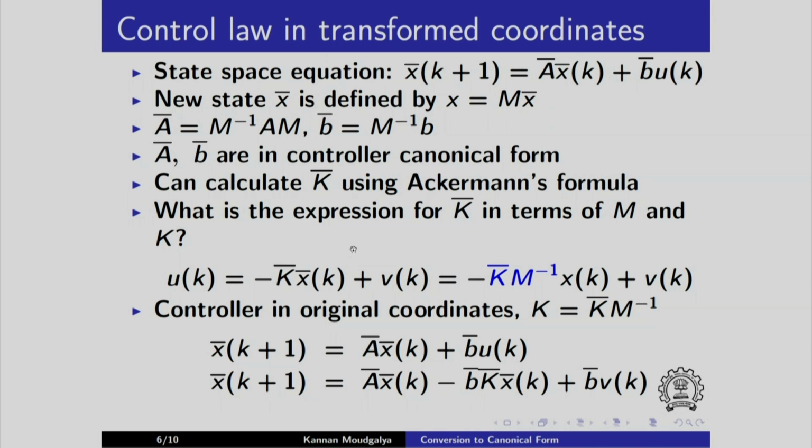So I have simply substituted this expression into this, and I have grouped the terms. I have not made use of this expression, but I am going to do this in the next slide when we start talking about the closed loop expression.